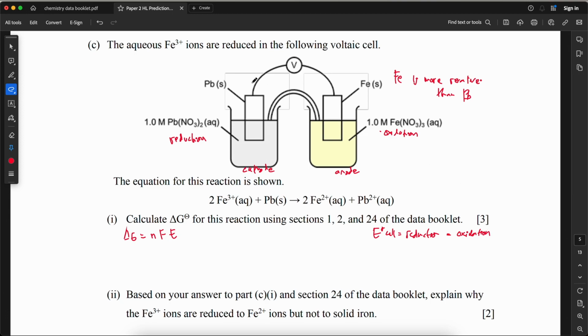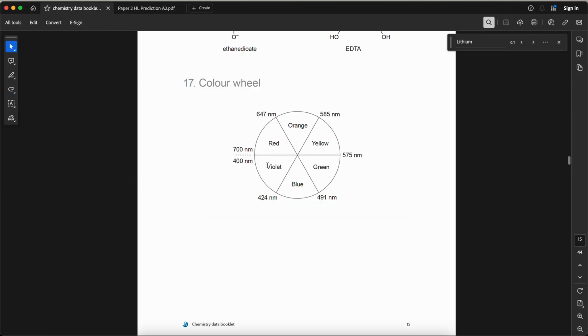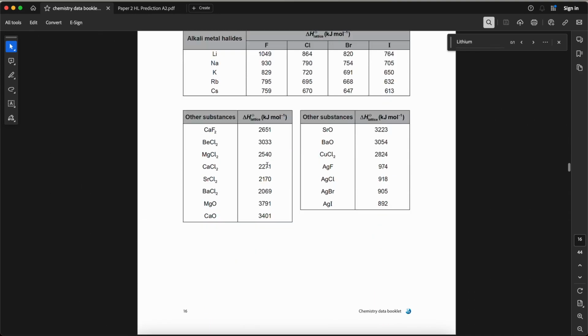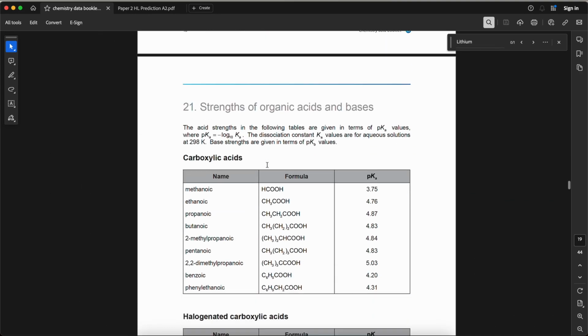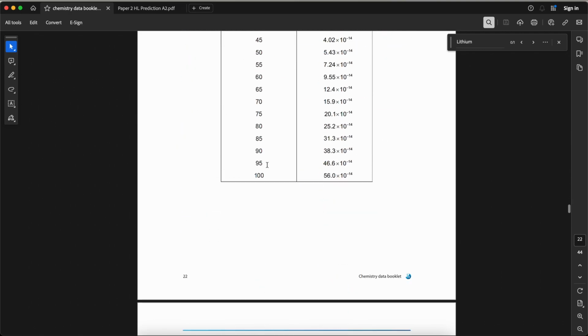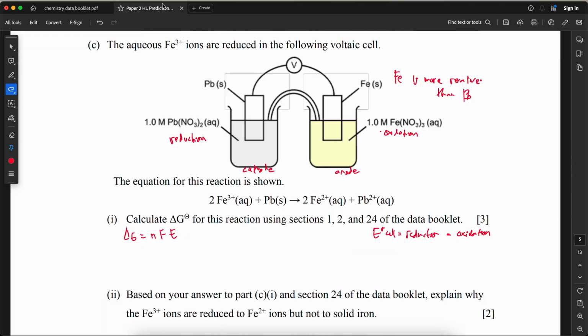So let's go to section 24. So we've got Pb and Fe. So for Pb 2 plus, Fe 3 plus to Fe 2 plus.